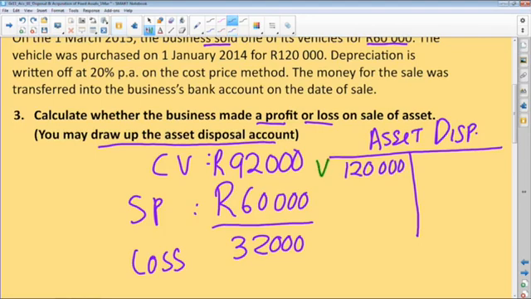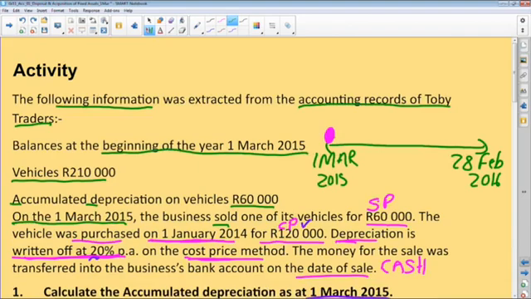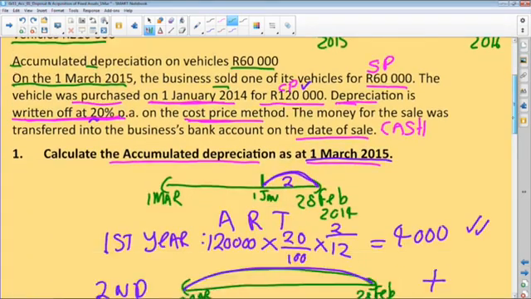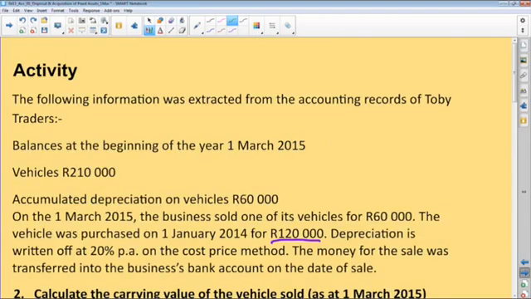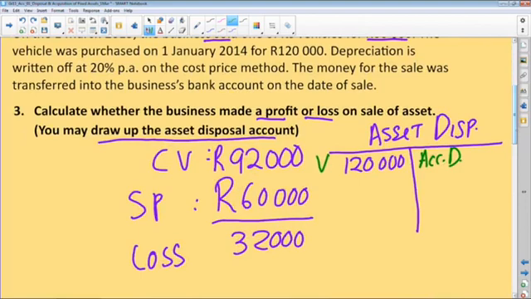Okay, I can't write it in full, but you guys know what I'm talking about. Right, on the credit side, we will show our accumulated depreciation, and the accumulated depreciation that we calculated earlier on. Let's just quickly go back to that calculation because I can't remember the amount. So my accumulated depreciation was 28,000. So let's fill that in.